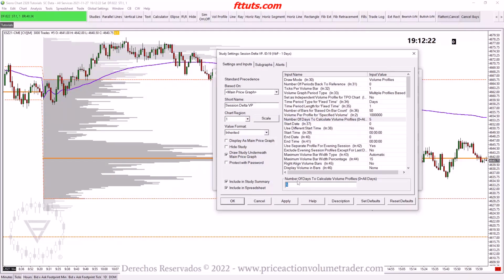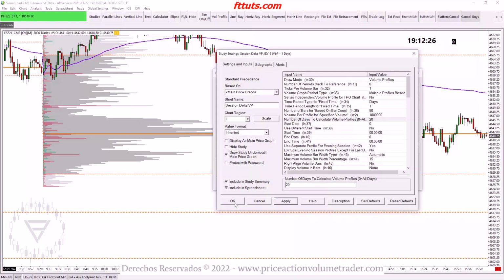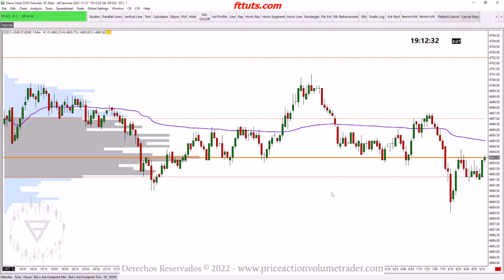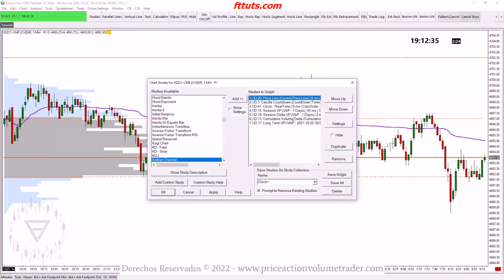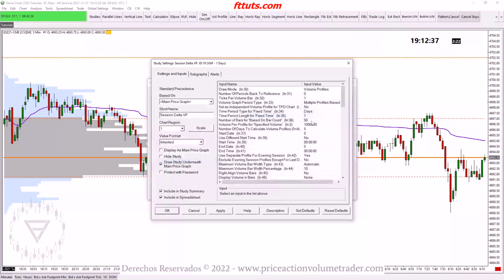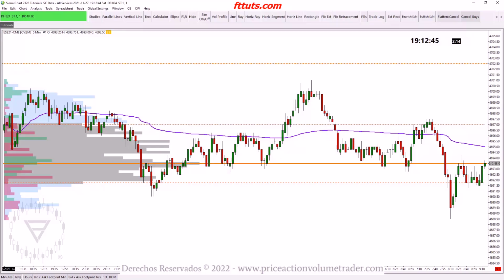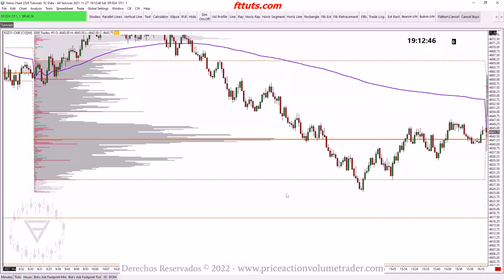Now I think I need to raise this. Okay, yeah, I needed to increase the number of days because I only had it to show back 5 days. So let's look back 20 days. There we go. Okay, I was a little confused why it wasn't showing.